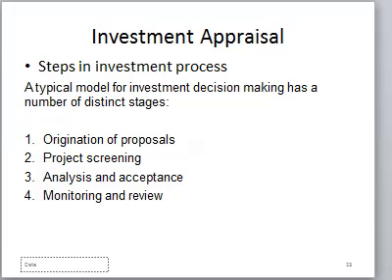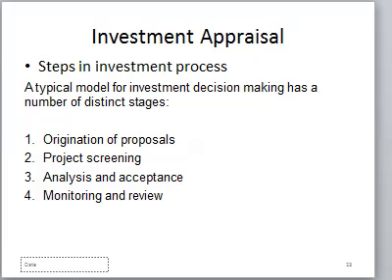So the second step in investment process is what is called the project screening. So in project screening, you are trying to look at which project we should invest in. So in the origination, you can develop different proposals. You can develop different projects.